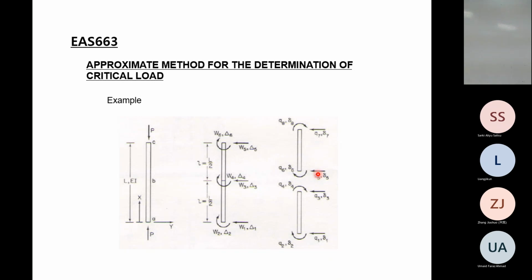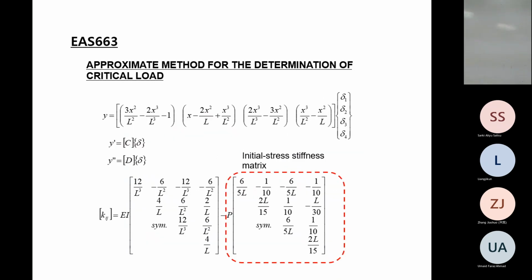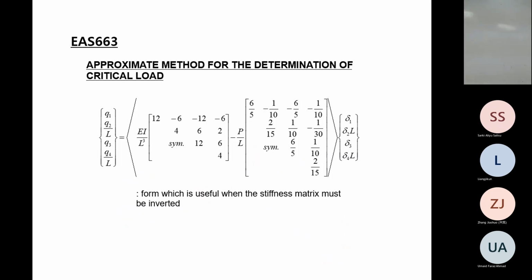So you form the element stiffness matrix, which is this one or this one, one by one. For element 1, you start with that. Element 2, you start. In this particular problem, because this is a vertical member subjected to axial force, each of the members has P. So the P appears there, and you need to consider that.